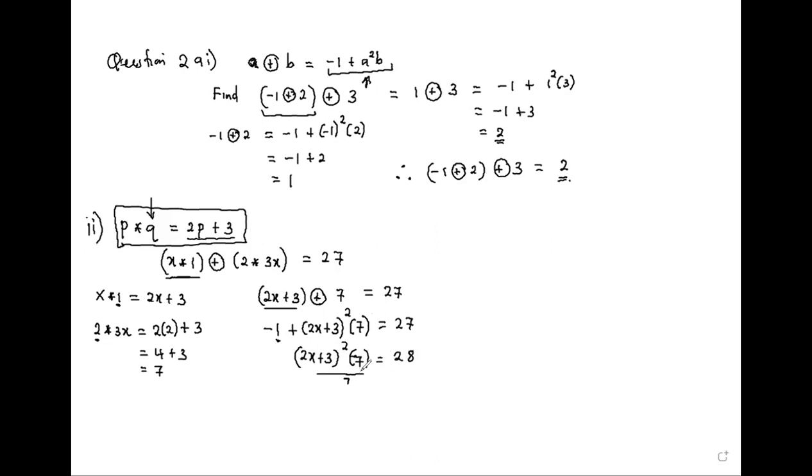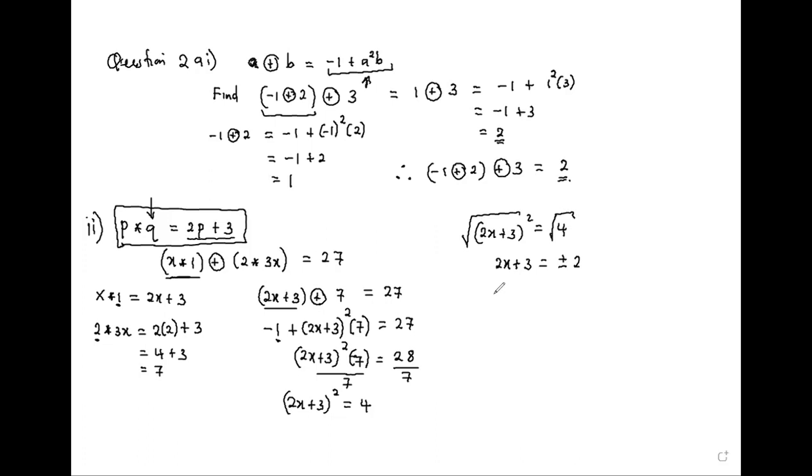Divide by 7, divide by 7. So we get 2x plus 3 squared is equal to 4. Now when I have 2x plus 3 squared is equal to 4, we just square root. So you get 2x plus 3 is equal to plus or minus 2.